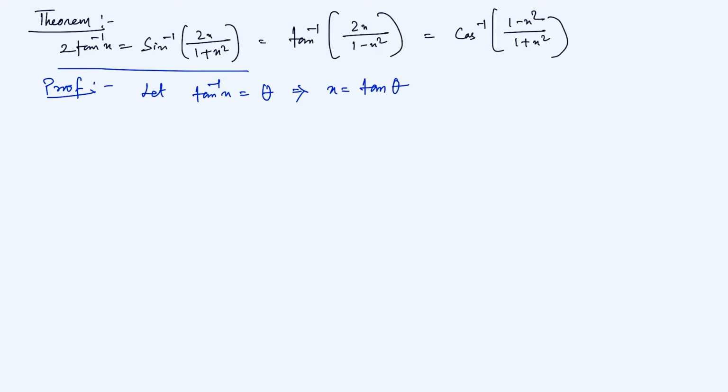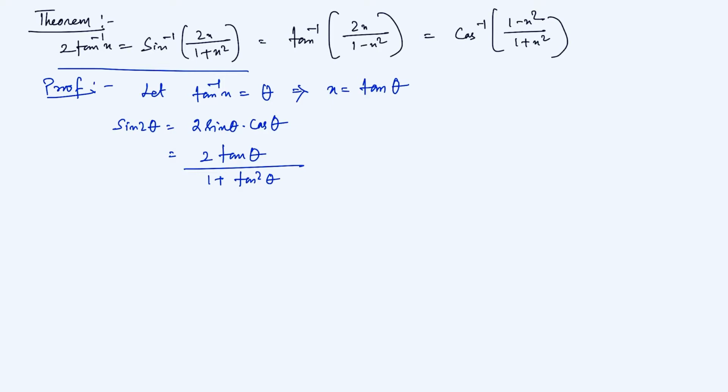Now, what is sine 2 theta? One formula is sine 2 theta equals 2 sine theta into cos theta. Another formula we have is 2 tan theta divided by 1 plus tan square theta. This is the formula.